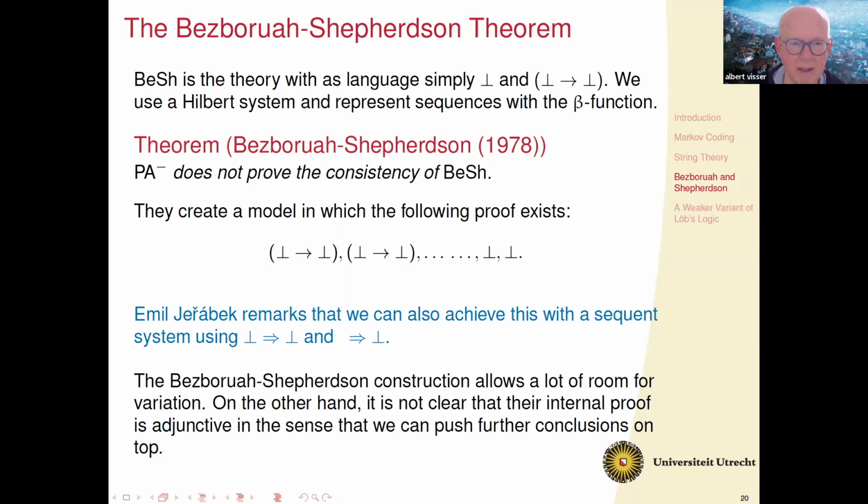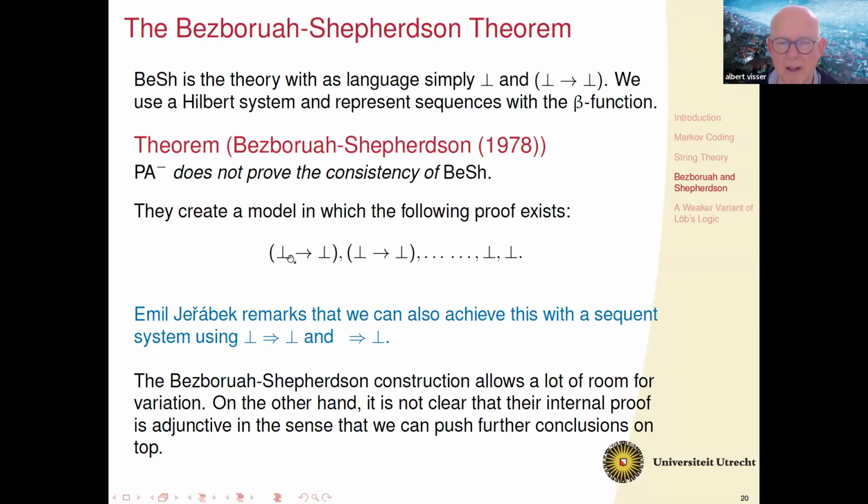So Emil, when I talked to him about this, immediately remarked that of course you can also use a sequence system. So there's just one sentence and just two sequences, namely bot to bot and nothing to bot, and you can do the same thing. And so what Bezboruah and Shepherdson do is they create a model of PA minus in which the following proof exists.